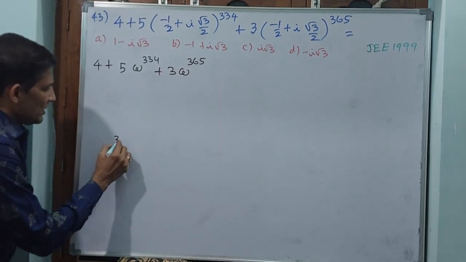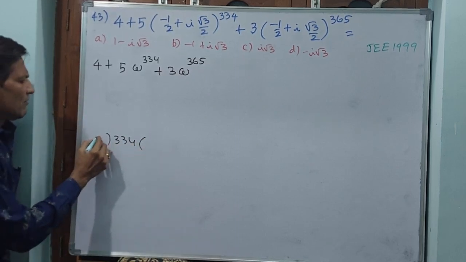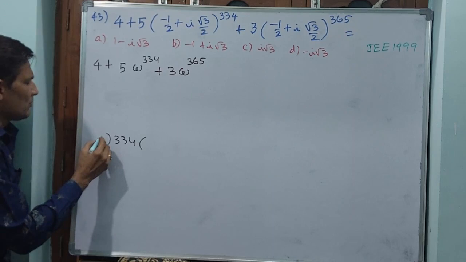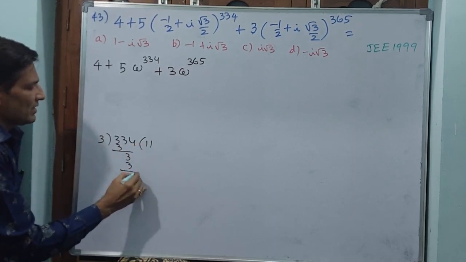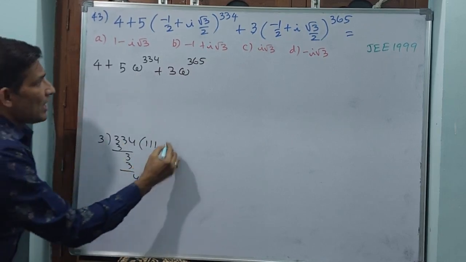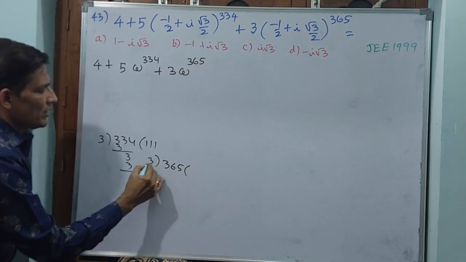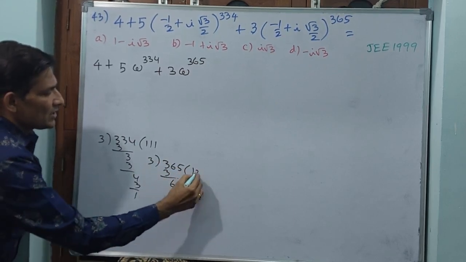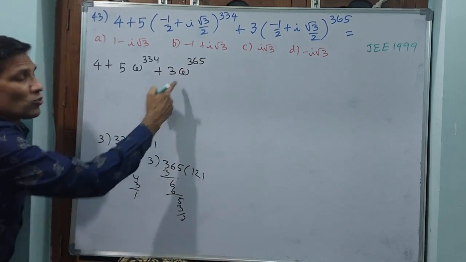334, write down. 334 means 1 only will come. You see, 3 ones 3, 3 will come, 3 ones 3, 4 will come, 3 ones 3, 1 will come. That means this is 1. And go for 365. 3 ones 3, 6, 3 twos 6, 5, 3 ones 3, 2. But here 2 will come.